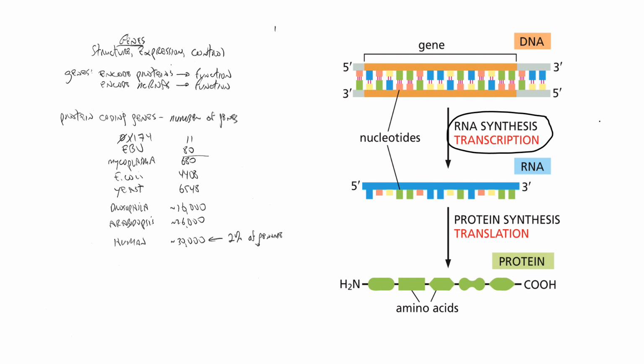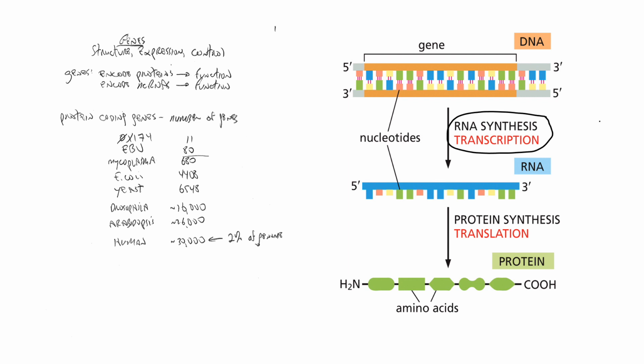E. coli is the bacteria, 4,408, and then it goes up. Yeast around 6,500, then Drosophila, Arabidopsis, and then humans. It's estimated that we have around 30,000 genes, 30,000 protein coding genes.